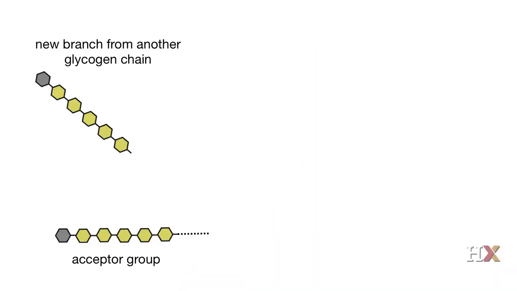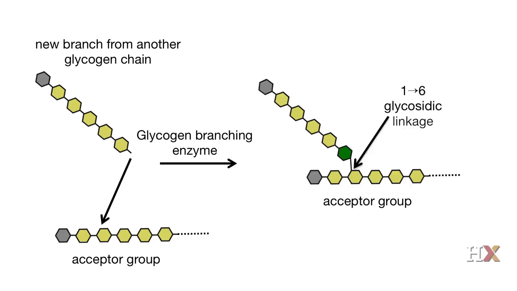The newly formed reducing end from this fragment can then form a glycosidic linkage, a 1,6 glycosidic linkage, with a residue that is contained in an acceptor chain. Then the glycogen synthase can catalyze the elongation of the newly formed branch, as well as elongate the branch that was cleaved off during the first step of the reaction.